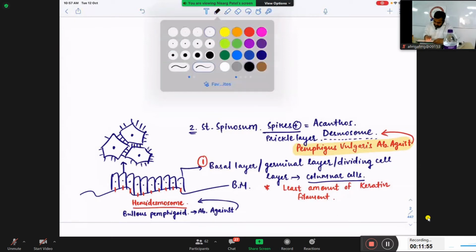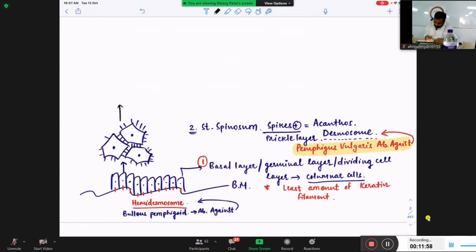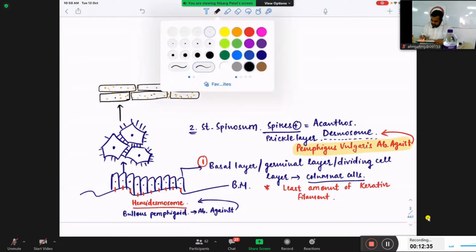After this, now this cell will go into the next, third layer. The cell will become horizontal in shape. And in these horizontal cells, there is an Odland body or the lamellar body. And this lamellar body will be producing granules inside and in the intercellular space. Because of these granules, this layer is known as the stratum granulosum.